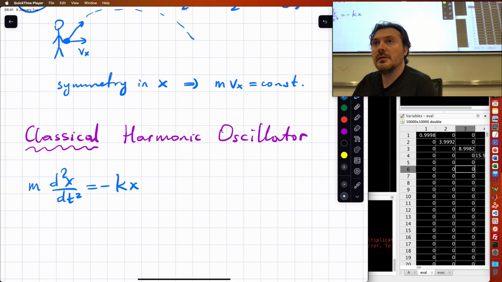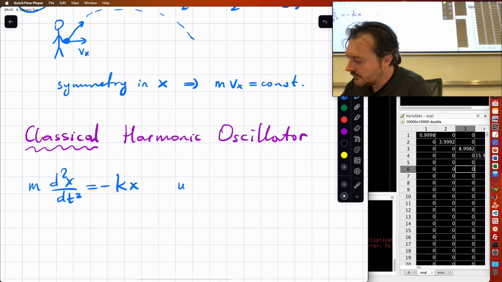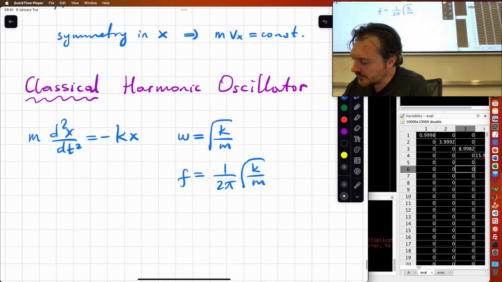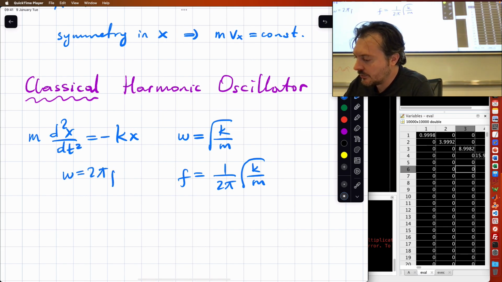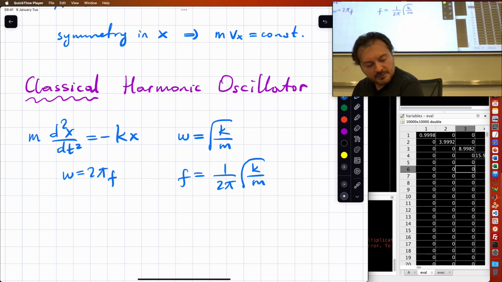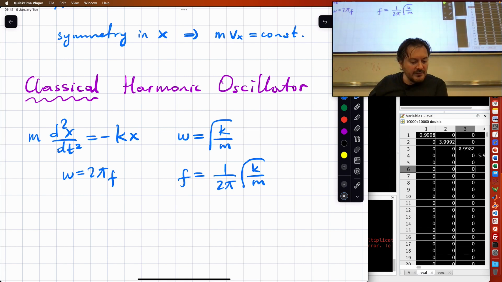It has an angular frequency of square root k over m, which corresponds to a frequency of 1 over 2 pi square root k over m, because omega is 2 pi f. Did you already know this? Yes? You know. It has some frequency, it has some angular frequency, etc. Let's write some of its properties.